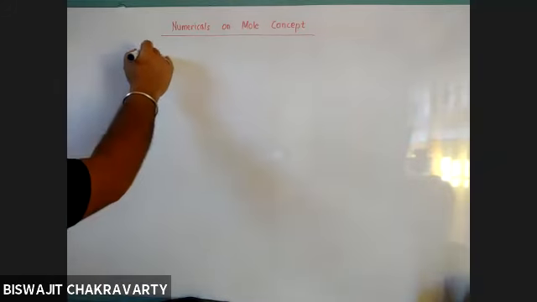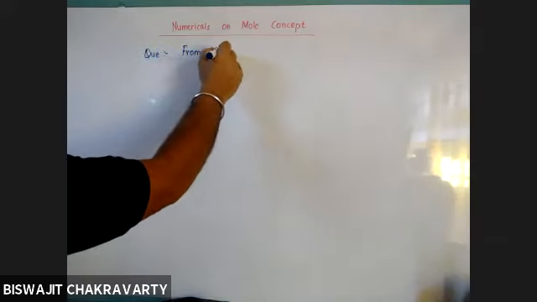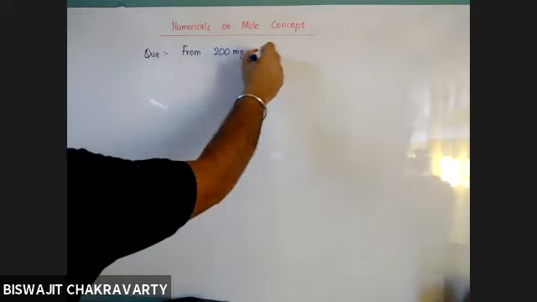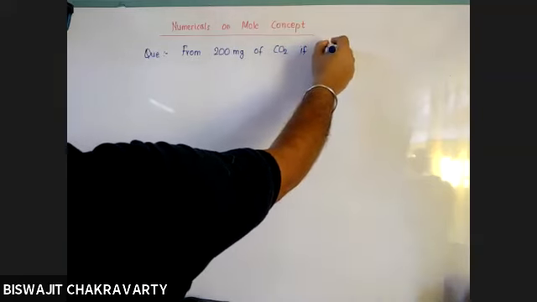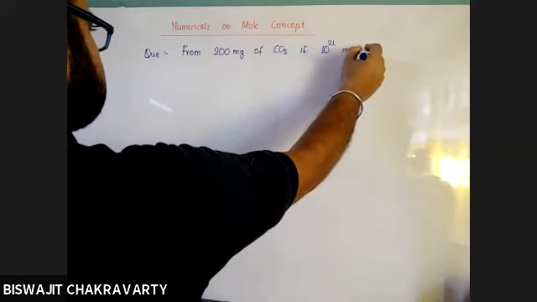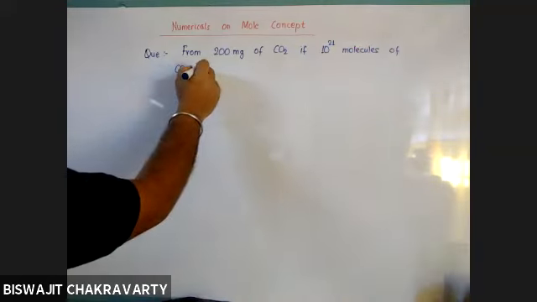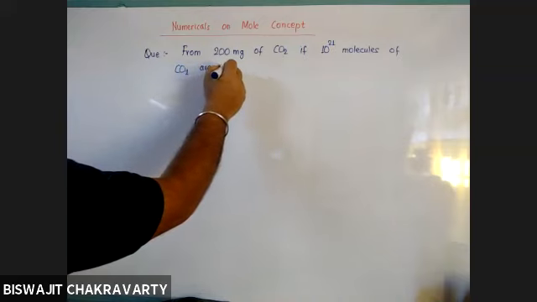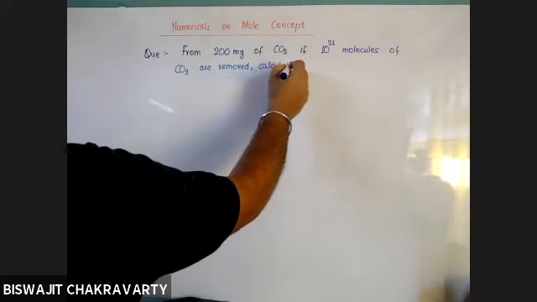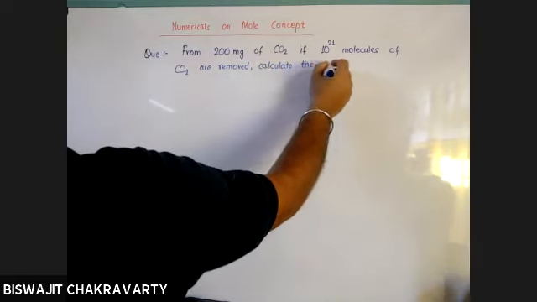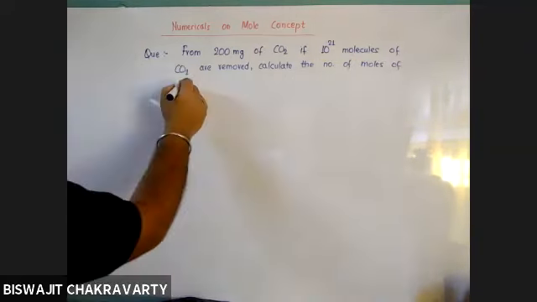Suppose I put a question. From 200 milligram of carbon dioxide, if 10 to the power 21 molecules of carbon dioxide are removed, calculate the number of moles of CO2 left.